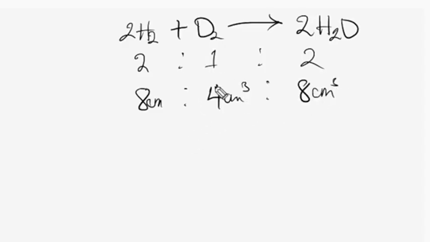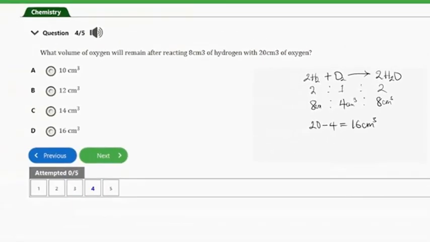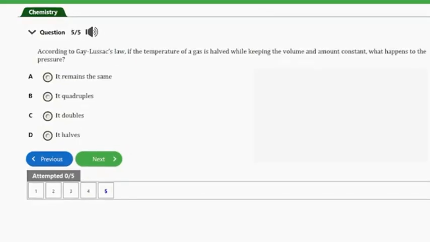So guys, if 4 cm cube of oxygen will only react here, it means out of the 20 cm cube, we'll have 20 minus 4 to give us 16 cm cube. So guys, the volume of oxygen that will remain in this reaction will be 16 cm cube of oxygen. So guys, that's option D here. So let's wipe this off, and then let's consider the next question.